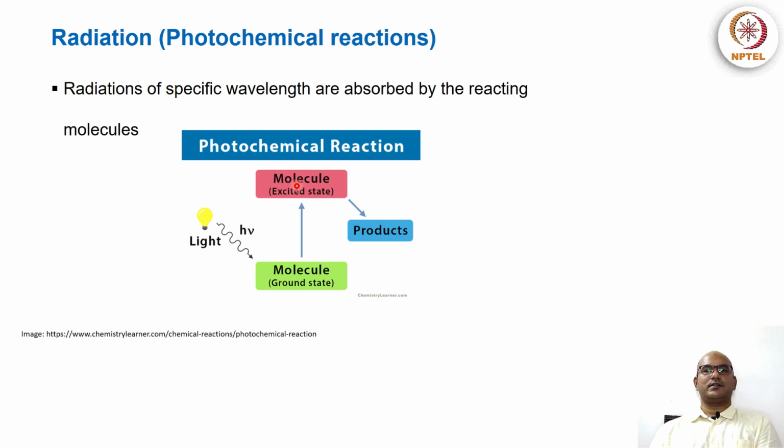Once that excited state is reached, some molecules return to the ground state, but for some molecules the excitation leads to the formation of a new molecule, which is the product.